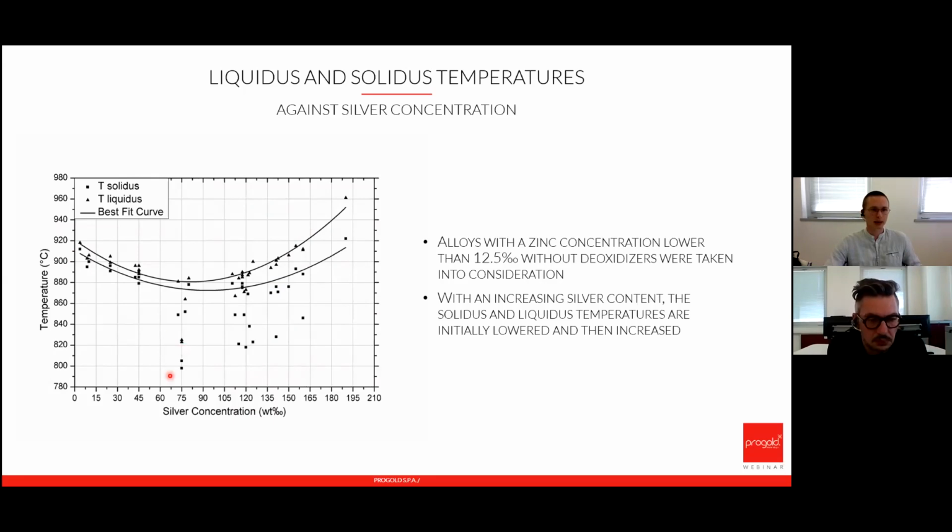But we can see those alloys in the bottom part of this graph, and we can just understand from here that the addition of zinc, so a high amount of zinc, will lower the SOLIDUS and LIQUIDUS temperatures. Regarding silver, as the content increases, both LIQUIDUS and SOLIDUS temperatures initially decrease, and then they increase again.